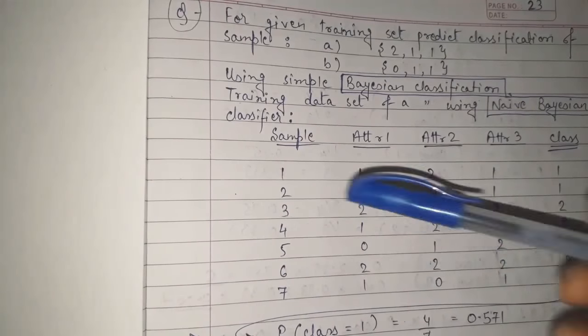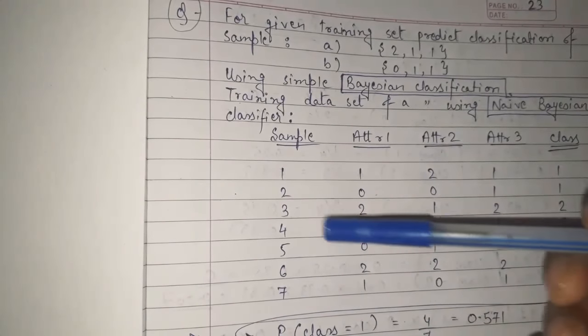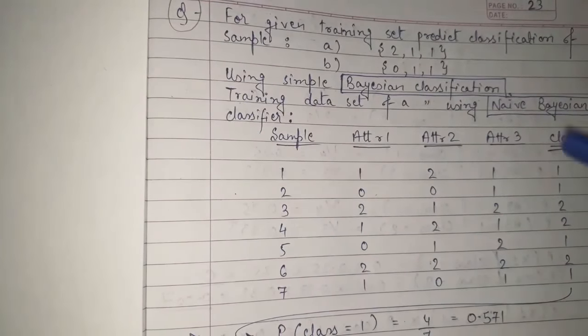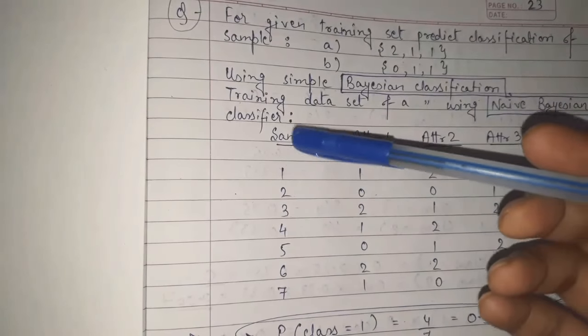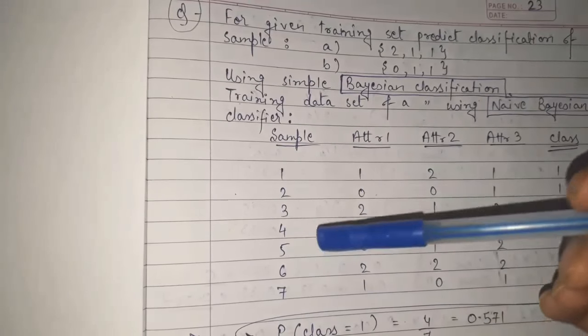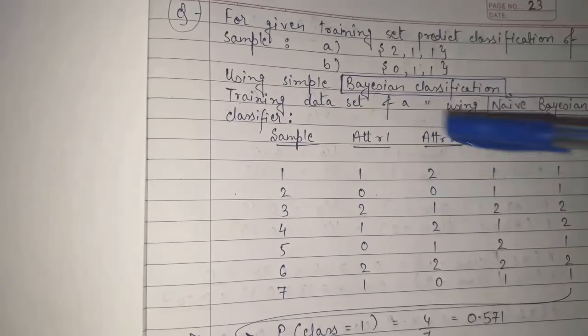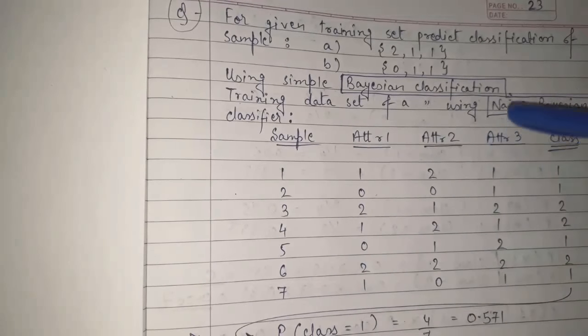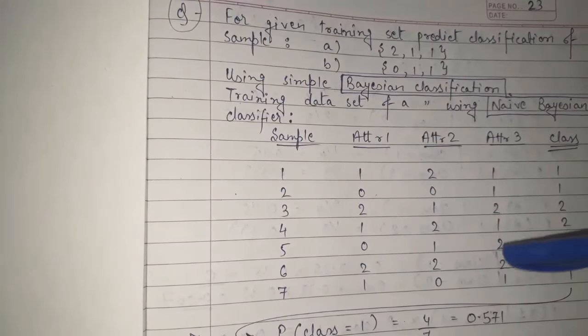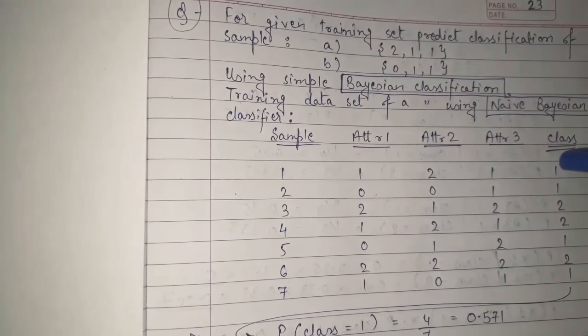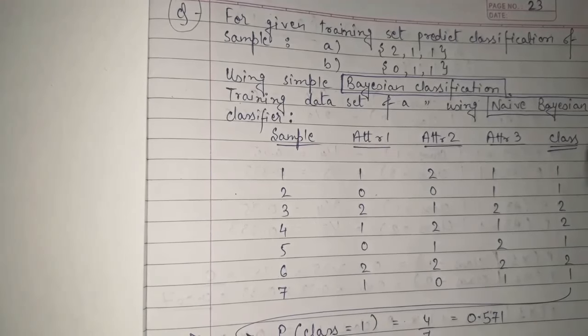For example, this is the set of data given to us. Here 7 samples are given, 1 to 7, and their respective attributes are given. 3 attributes are given, with their values, and then we have the class. The value of the class is either 1 or 2, which means there are 2 main classes.